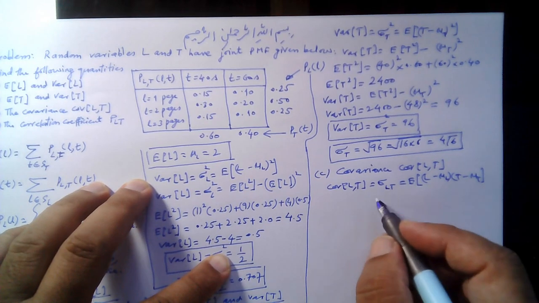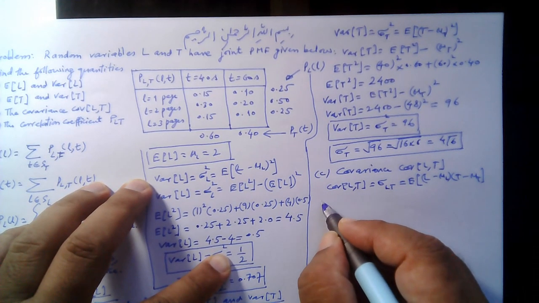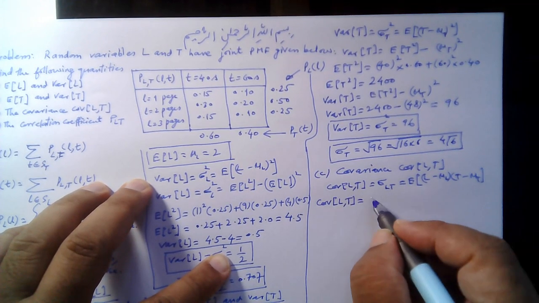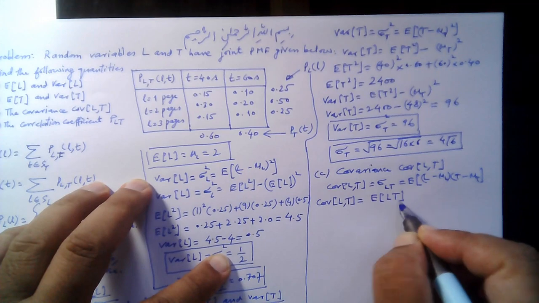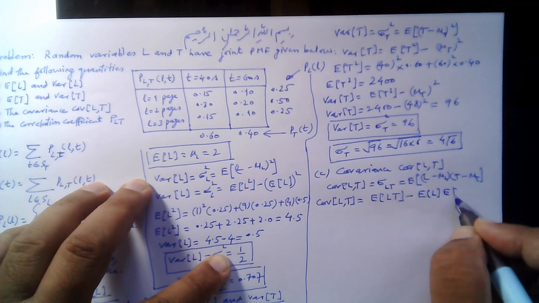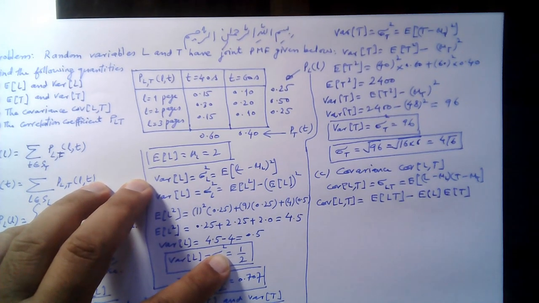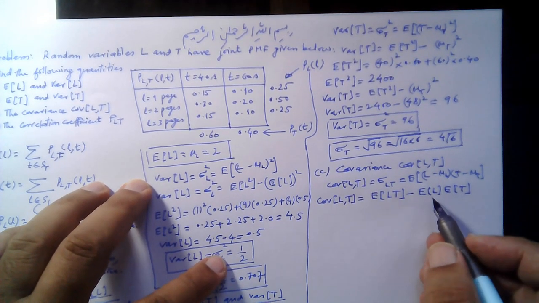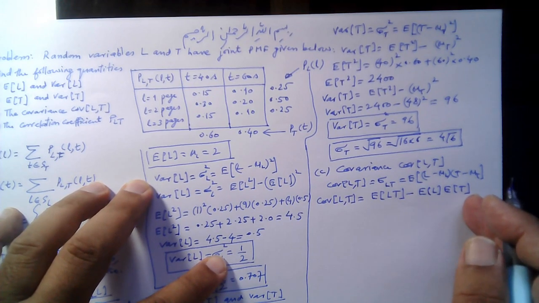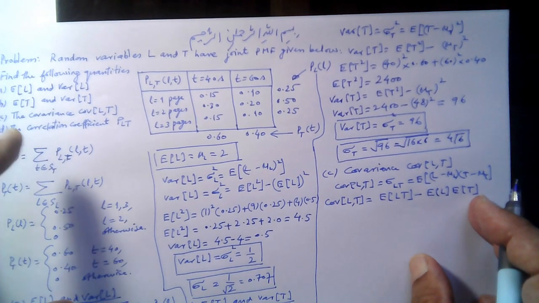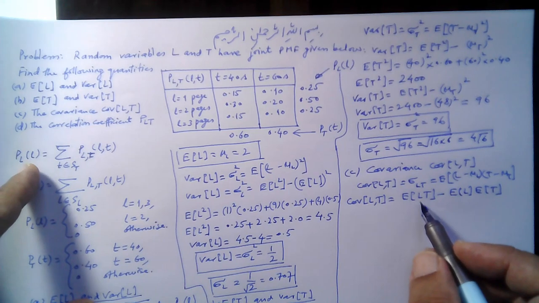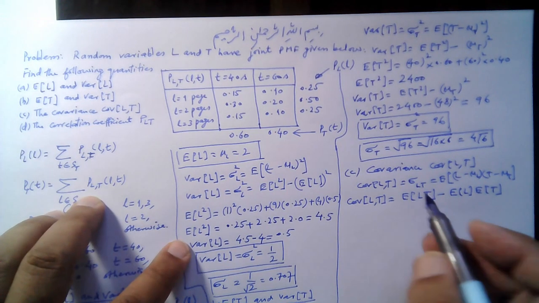And this is also shown to be equal to the expected value of LT minus the product of the expected value of L and the expected value of T. We already know the expected value of L and the expected value of T, and we just need to find the expected value of this product LT here, right?